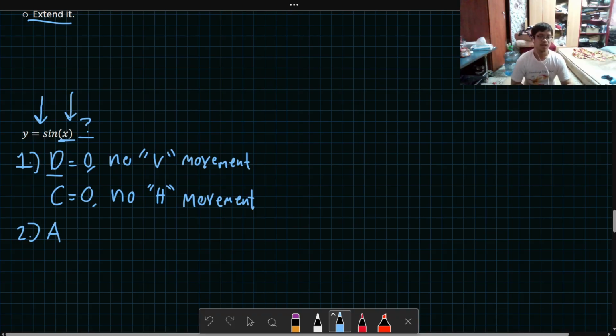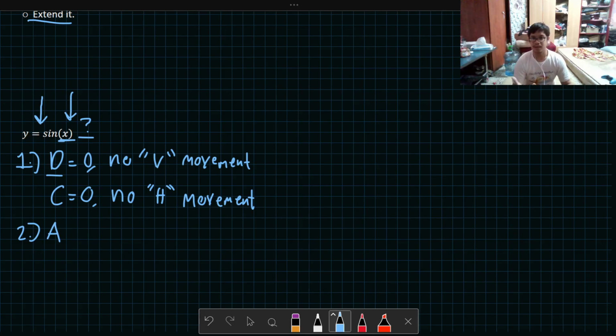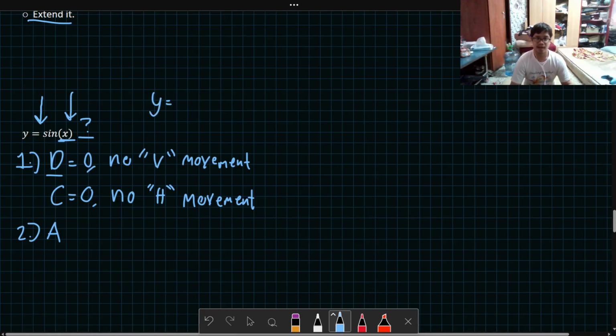But since we're looking for the coefficient of your sine function, it's actually there. Because you see, y is equal to sine x, it's just the same as y is equal to 1 sine x, because 1 times sine x is just the same as sine x. Therefore, your amplitude is 1.